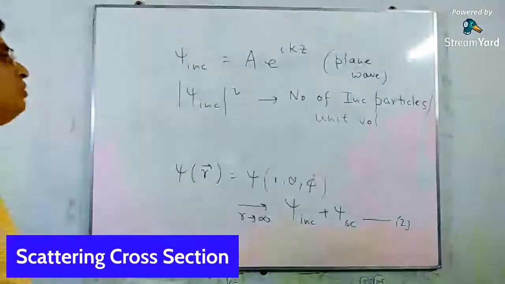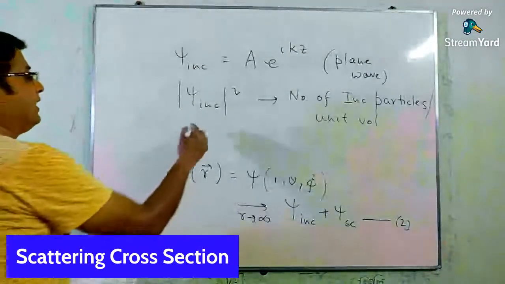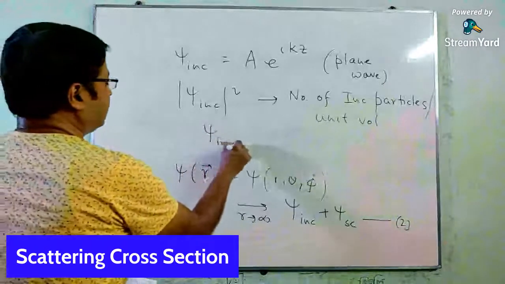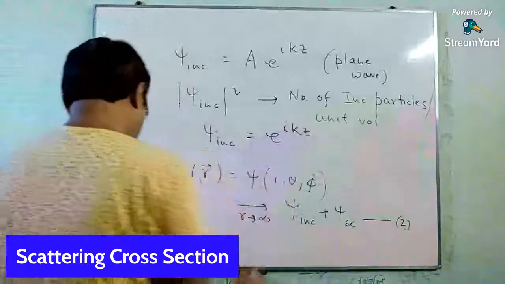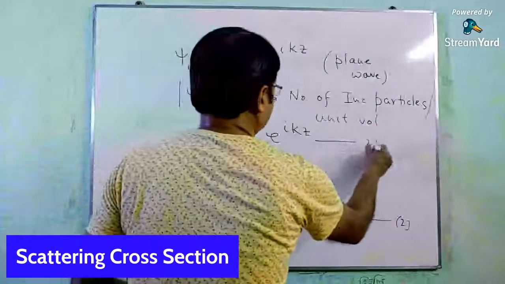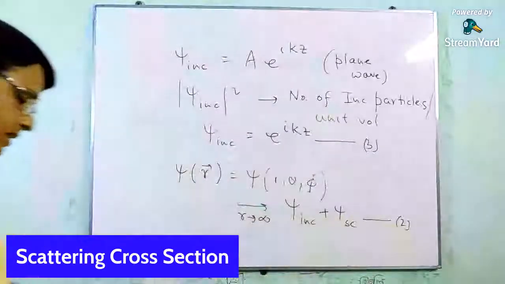So putting the value of A, we get psi inc, the incident wave function, is e to the power i k z, and let it be equation 3.